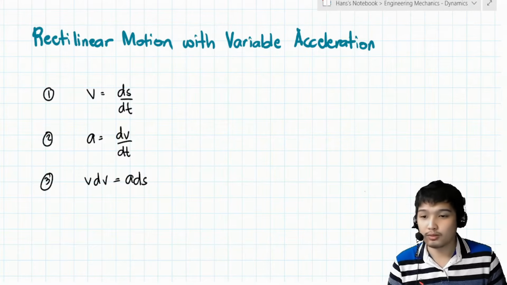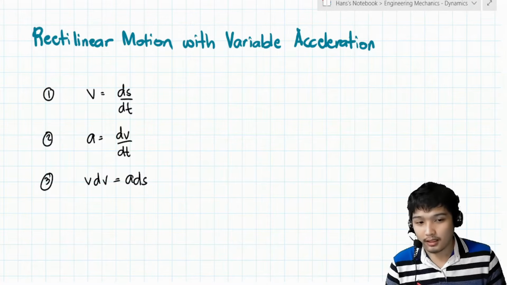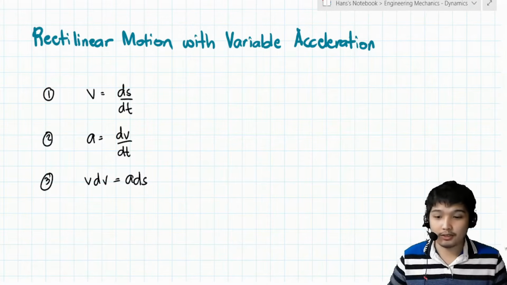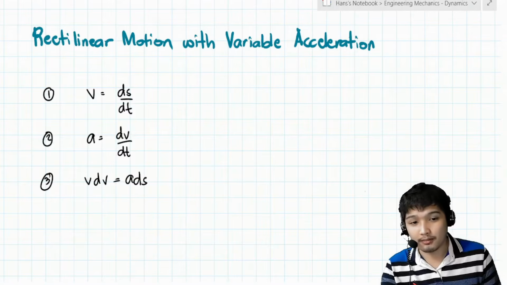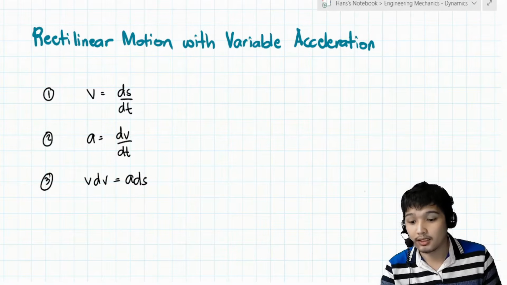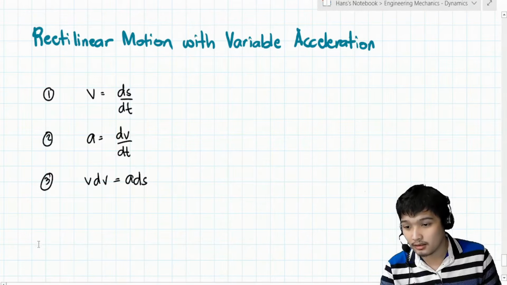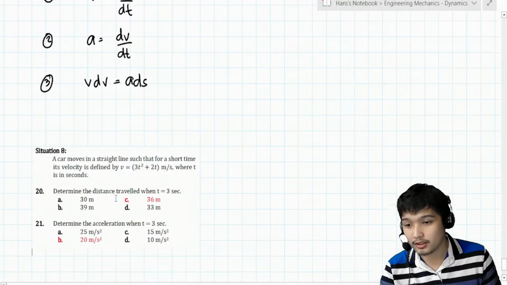So for us to have a better understanding, let us try na lang to apply yung concept and then yung formula doon sa ating sample problems. Okay, so let's start with situation 8.